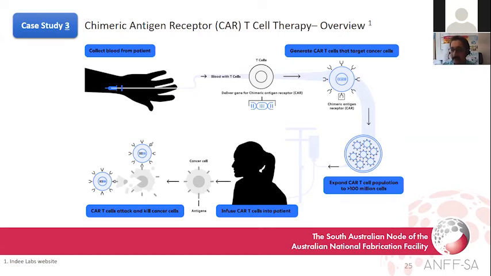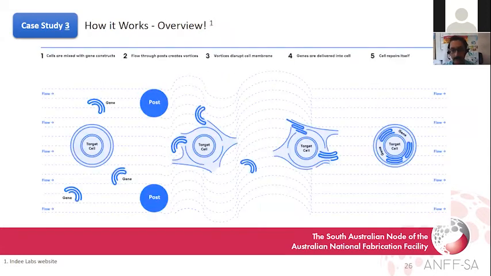And then infuse the T cells back into the body of the patient. In the gene delivery step, the construct delivers genetic material to the cell and modifies the cell so they can attack the cancer cell. So it's more about improving and boosting the immunity of a patient's body.